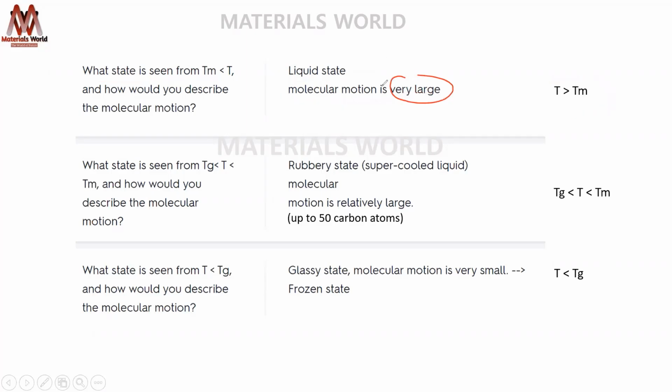So here we are going to discuss the molecular motions. When your temperature is between Tm and Tg, that means in the rubbery state, it is nothing but a super cooled liquid, and motion is also relatively large, up to 50 carbon atoms.